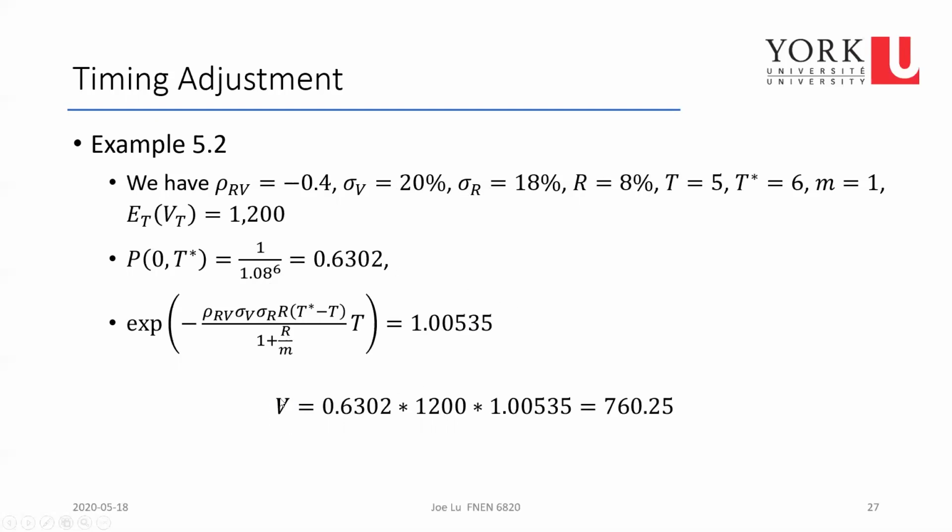So your current value is basically the discounted value, which is this, times this whole thing, which is the expected value of VT, where you would have a T star here. Okay, so E T star VT is this whole thing, which is 1200 times 1.00535. So put everything together, the value of the contract is $760.25.